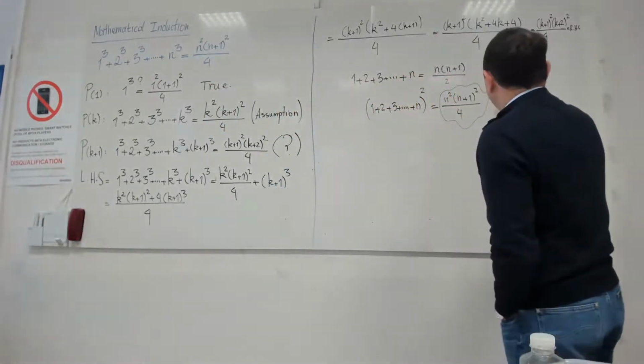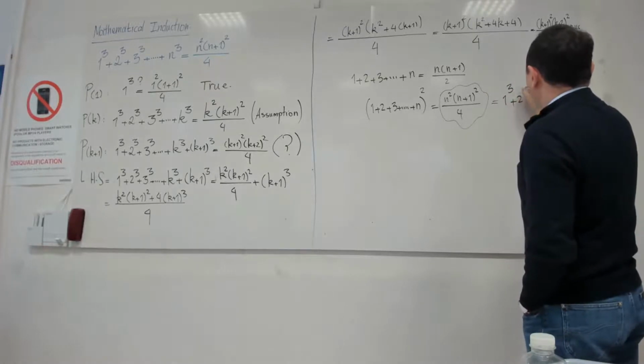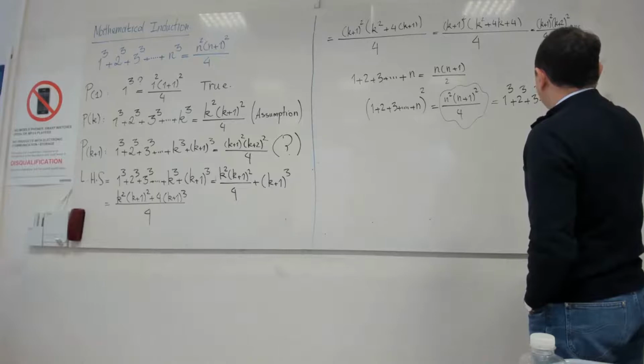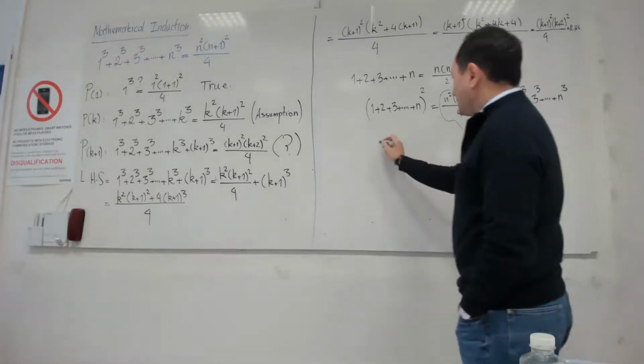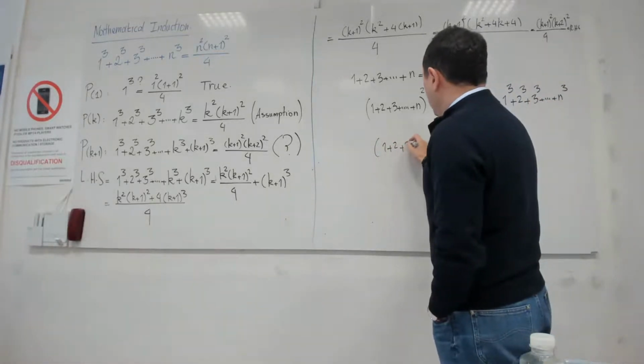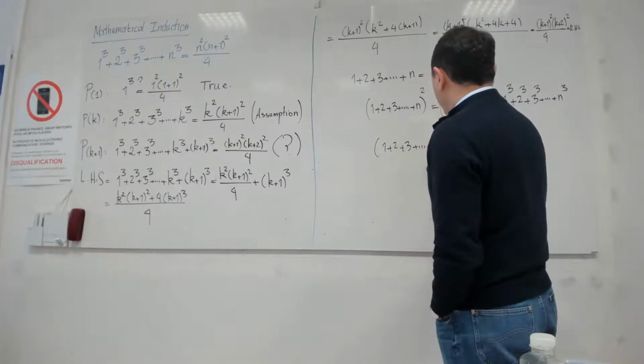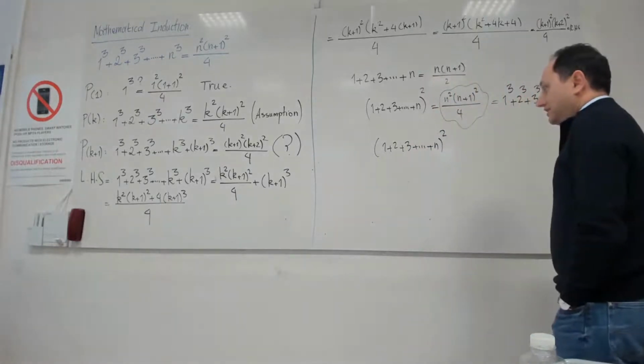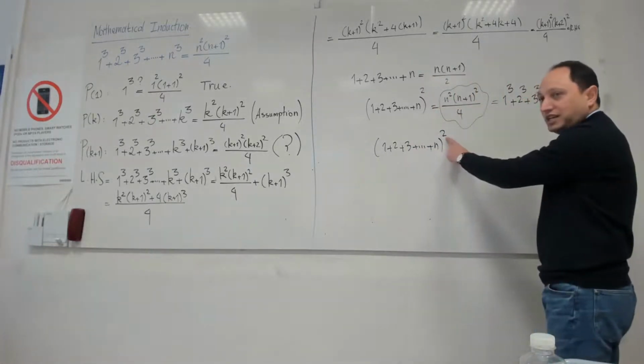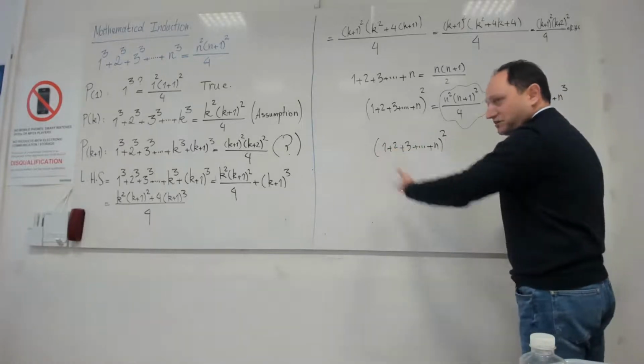Because this becomes equal to 1 to power 3, 2 to power 3, 3 to power 3, up to n to power 3. Yes? So it means that if you have 1 plus 2 plus 3 plus up to n to power 2, usually when you have power 2 here, you expect to have second powers.